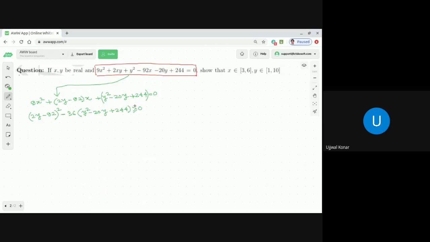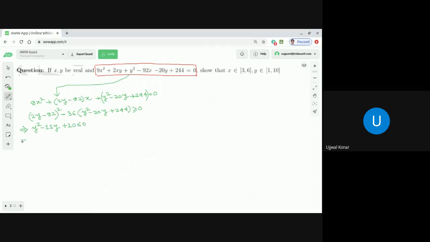And from here, dear students, if we simplify it further, I'm not spending that time in simplification, but if you simplify, you will get something like this: y square minus 11y plus 10 is less than equal to 0.